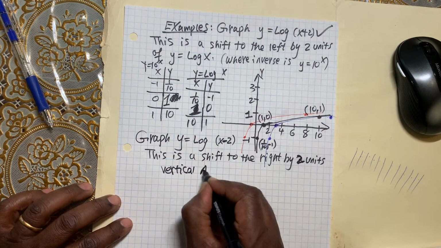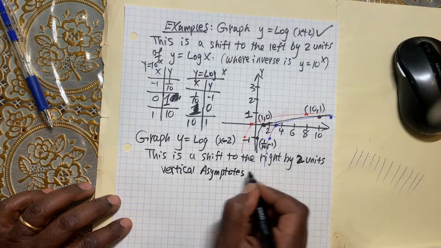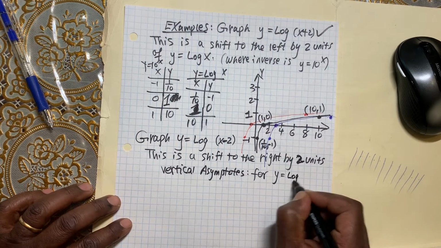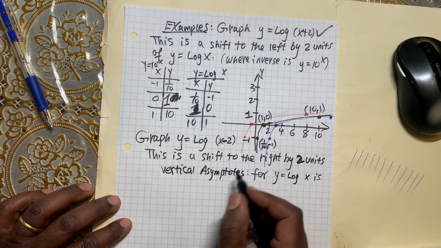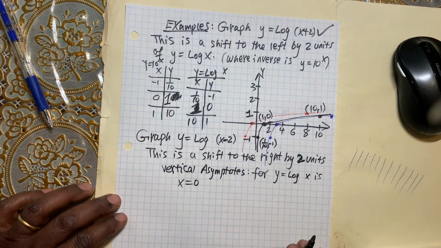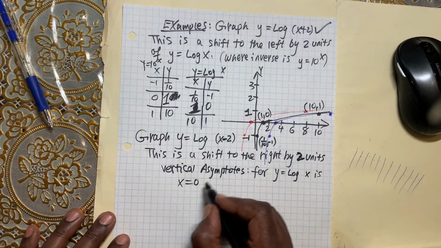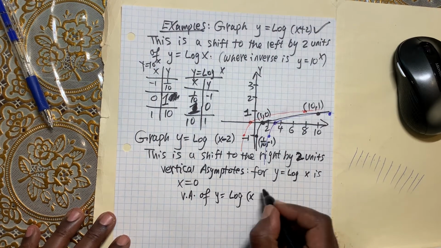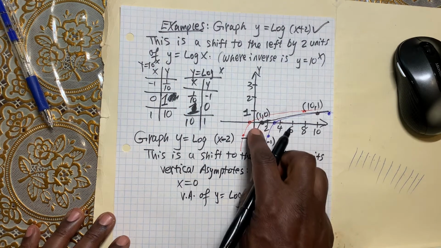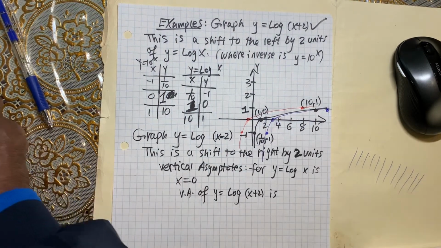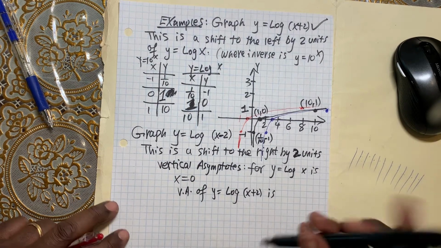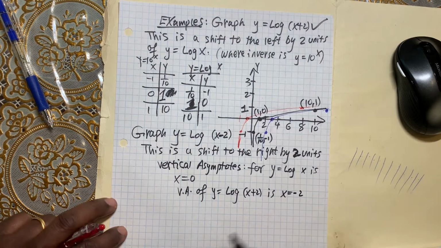The vertical asymptote for y equals log x is x equals 0. The vertical asymptote of y equals log x plus 2 moves 2 units to the left, so the vertical asymptote will be x equals negative 2.